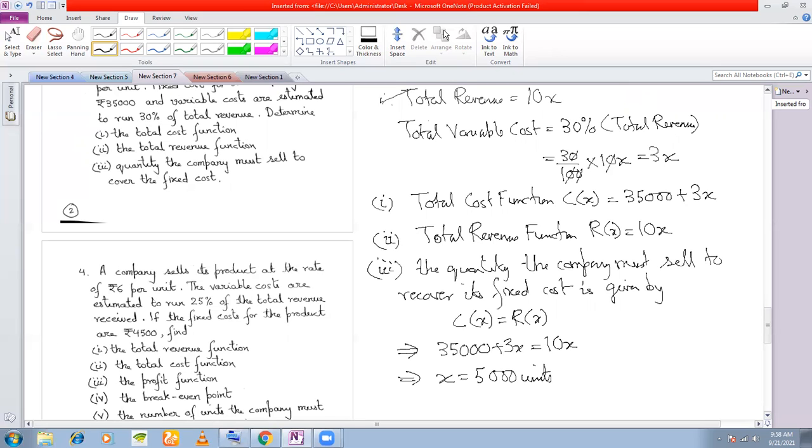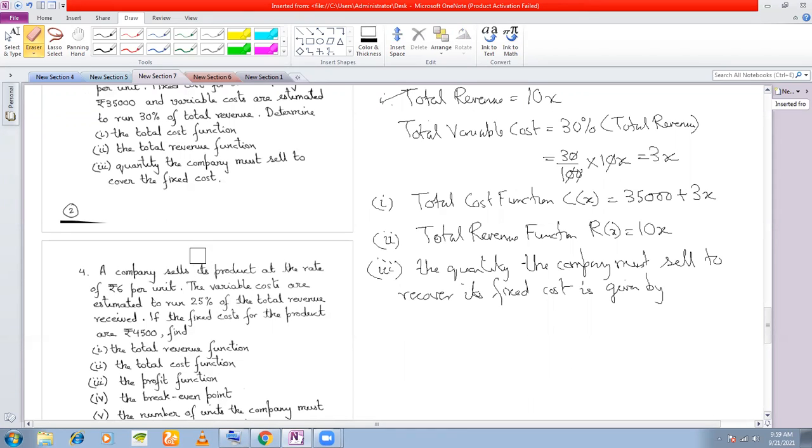Okay. So you can find X to be 5,000 units, and this is the break-even point. Okay, it is given to recover fixed cost. Okay, then this should not be C(X) equal to R(X).